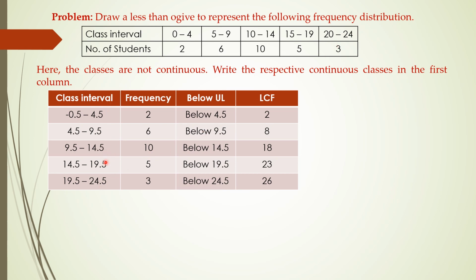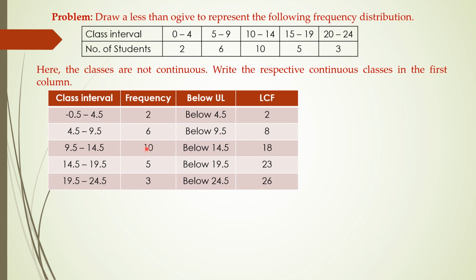That means we added 0.5 to each upper limit. Again, subtract 0.5 from each lower limit. That is 0 minus 0.5, minus 0.5, 5 minus 0.5, 4.5. 10 minus 0.5, 9.5, similarly the remaining values also. Therefore, we have taken continuous classes for the given discontinuous classes.